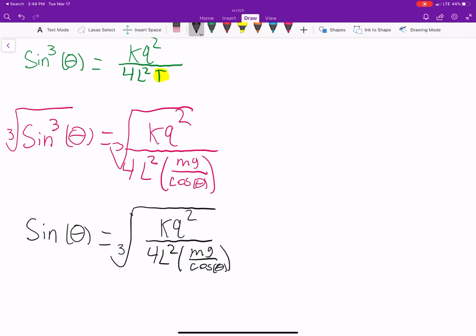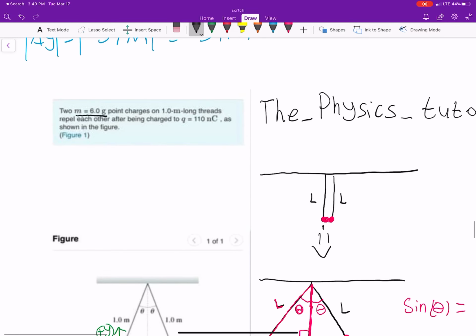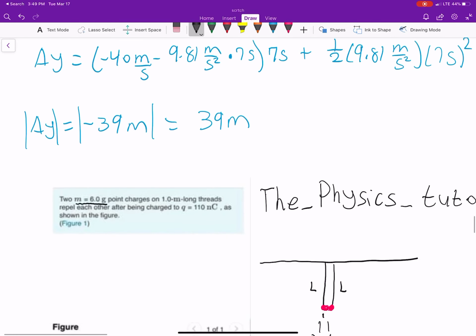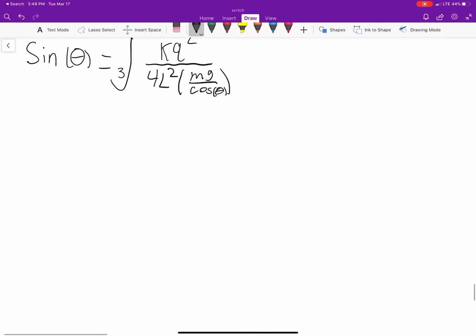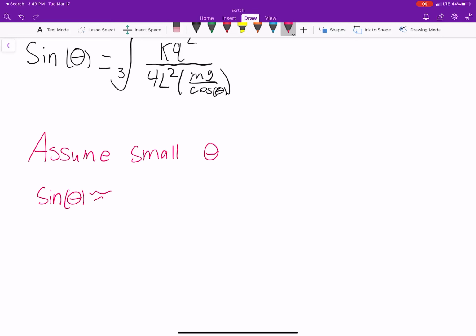Now we have to use the fact that if you scroll up to the top of the question, well, it doesn't say it here, but it said it when it asked for theta to assume small theta. Now what that means is we can use the Taylor series for sine of theta, which is about theta, and cosine of theta for very small angles is about 1.